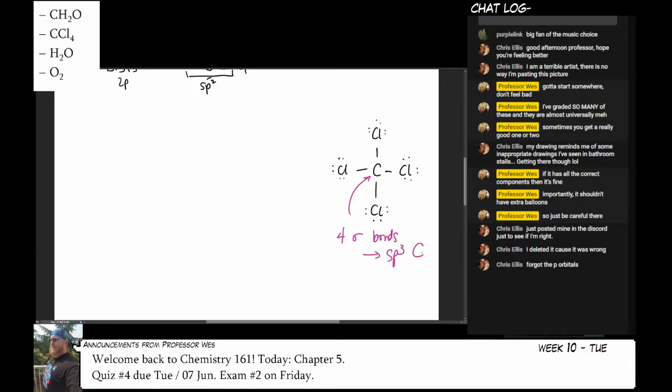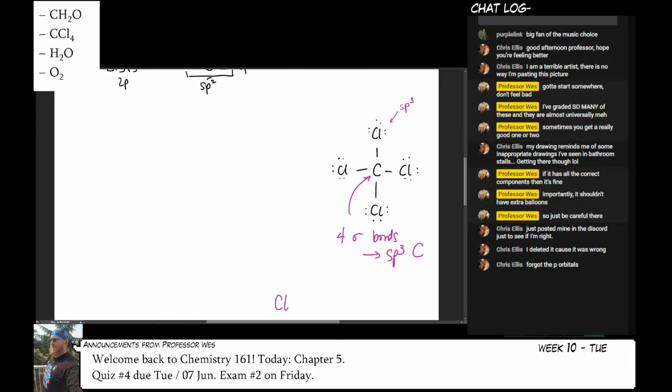For my carbon here, it's going to be sp3 because all I need are sigma bonds. Now, each of the chlorines is hybridized too because it is making a bond. So when I draw my chlorine atoms, I'm going to draw these as sp3 hybridized as well. And that's going to look like this.